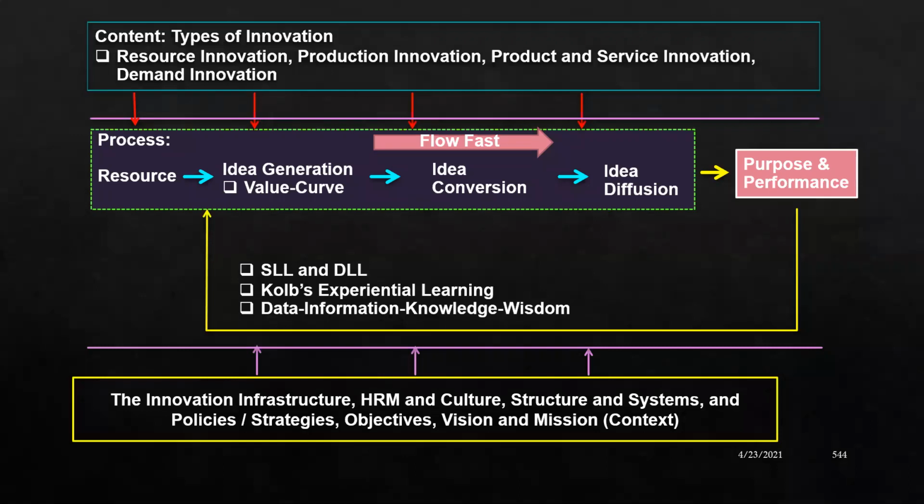Then if we look at these similar things in innovation, we can also conceptualize a chain, right? A chain from resources that we need to help us do the innovation, and then coordinating all these resources. So we must have the capability and the competencies to coordinate these resources.